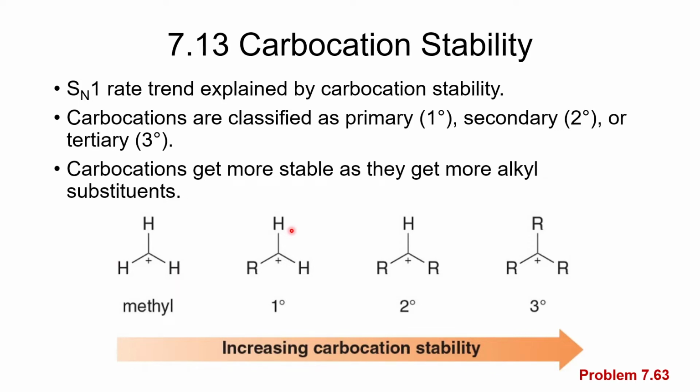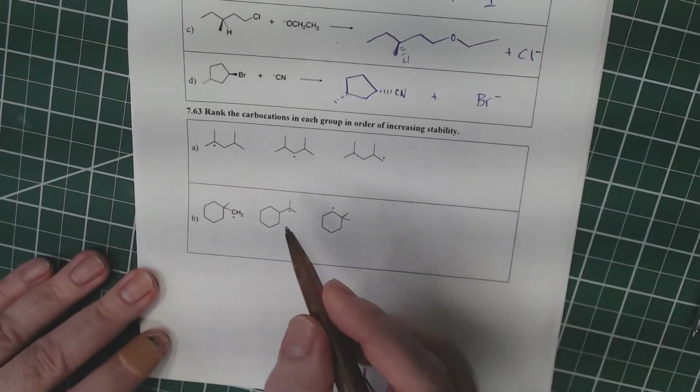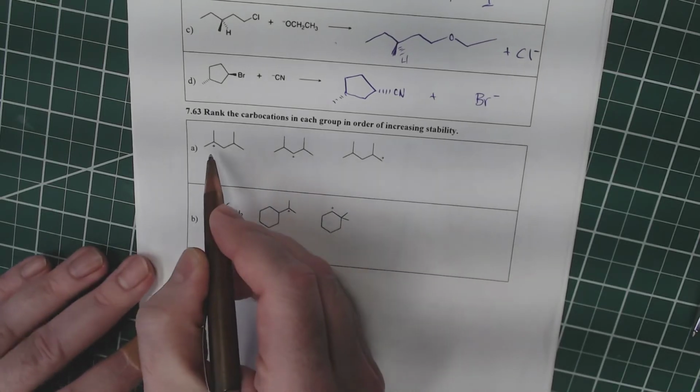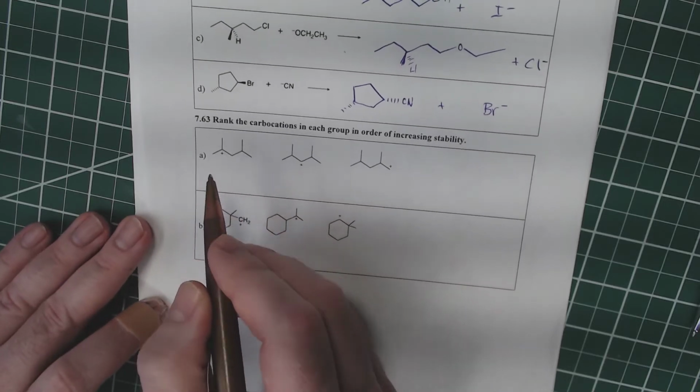Now for this, we're going to look at number 63 on the in-class assignment. This is an easy problem. We're just going to rank some carbocations in order of increasing stability. All right, so we'll look at this one. If we can just figure out what kind it is, then we're halfway there.